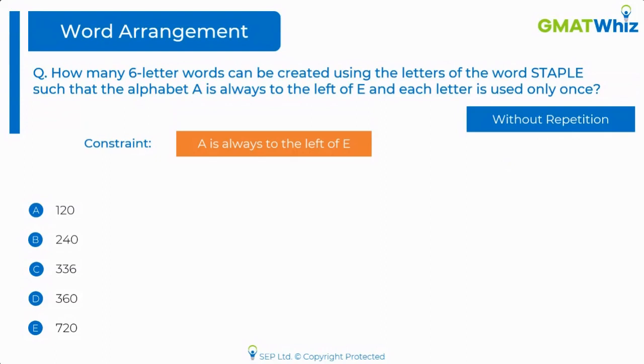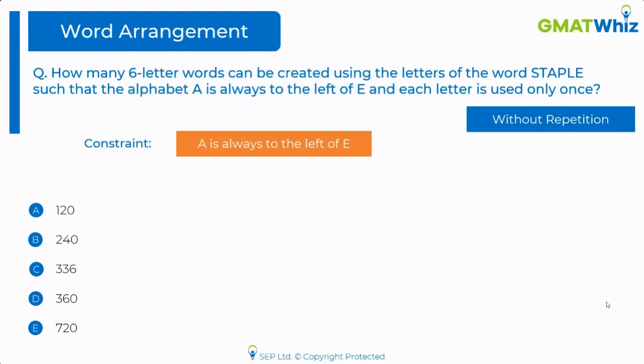And I would want to ask you guys, what does this mean? Actually, let me not ask what it means. That's not the right thing to ask. Rather, let me place a poll and ask you quickly: does it mean that A and E have to be together?